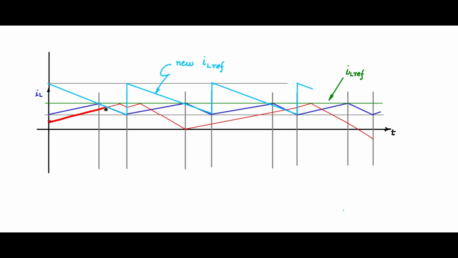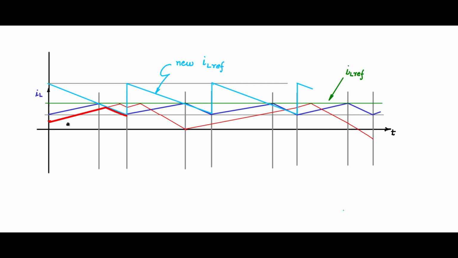It hits the IL reference here, and at this point it tries to cross over, and the comparator error goes negative. The comparator output will see to it that the reset of the SR latch is asserted and resets the Q value. So it will then start having a downslope, and the downslope is going to be along the same parallel, because the falling slope for the inductor current is minus V0 by L, or minus VB by L in this case.